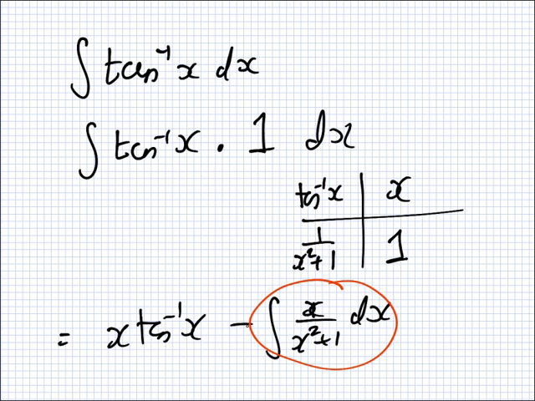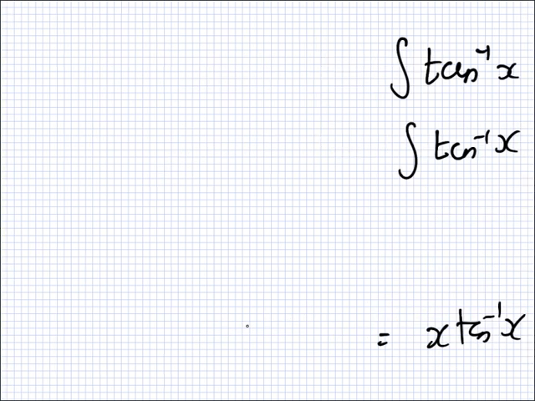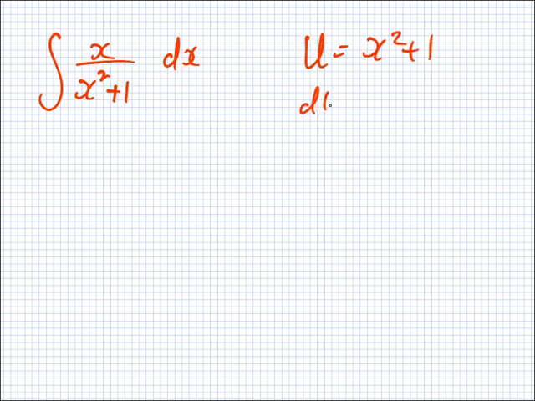Okay, continuing on the side, a new side problem. But I promise you this is the last side problem. So we have to integrate x over x squared plus 1 dx. How do we do that? U equals x squared plus 1. Good. Du dx? 2x. Du equals 2x dx.